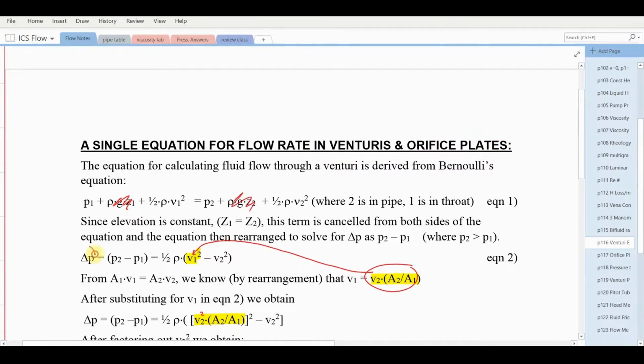Let's then calculate the difference in pressure. Recall that P2 is in the pipe, and that's greater than in the throat. So let's take P2 minus P1 is equal to 1/2 rho (V1 squared minus V2 squared).